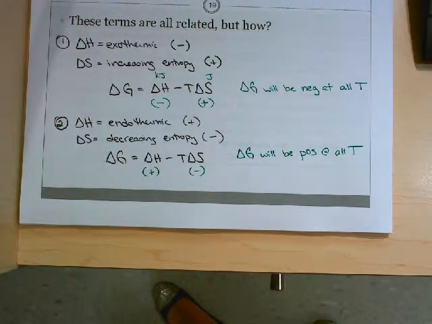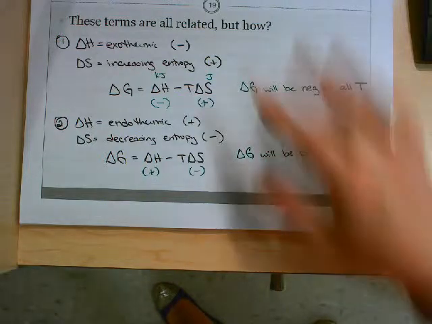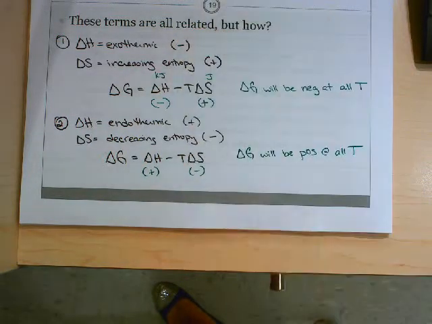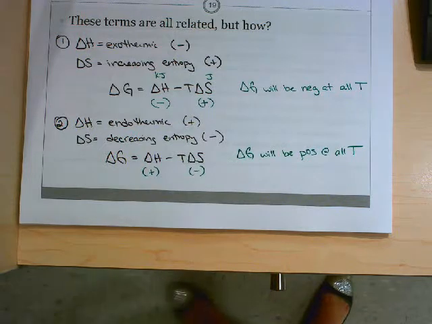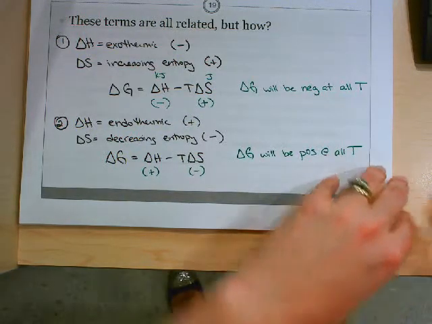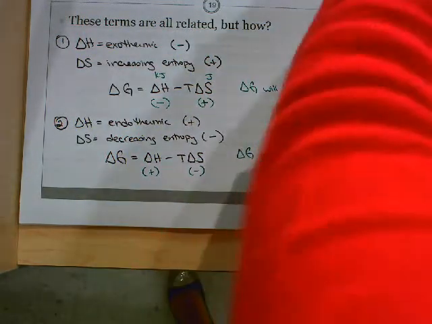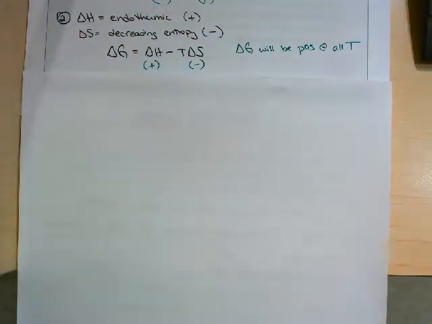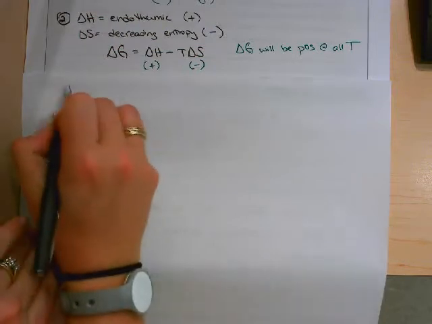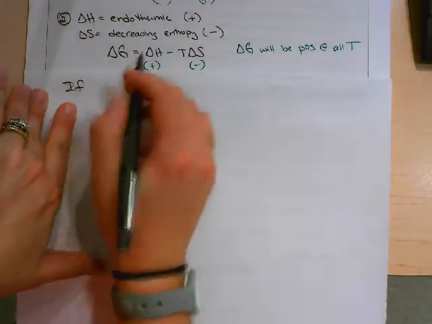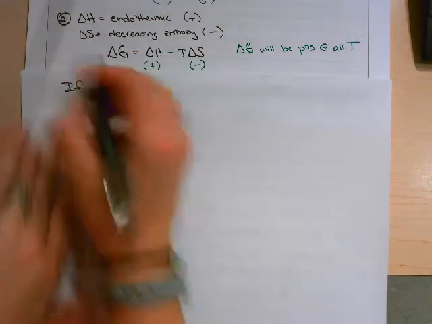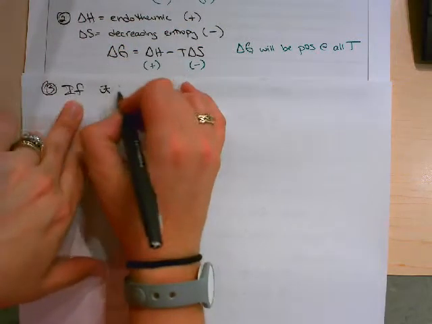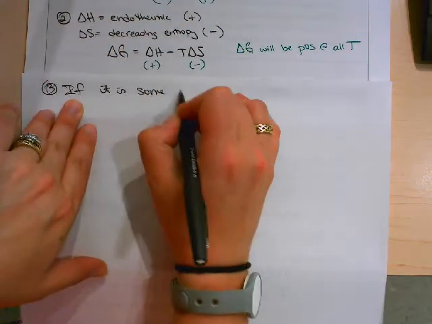So then the question is, what if it's not exothermic and increasing, or it's not endo and decreasing, or if it's some sort of combination of that? Then we go back to what you guys originally said.